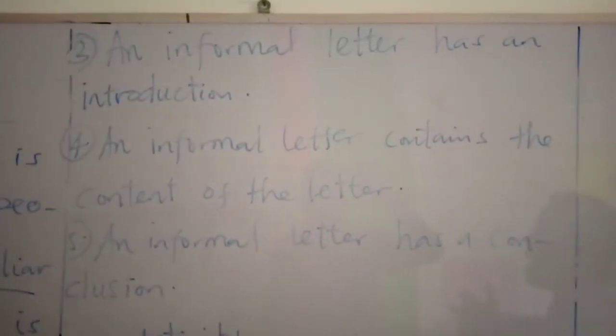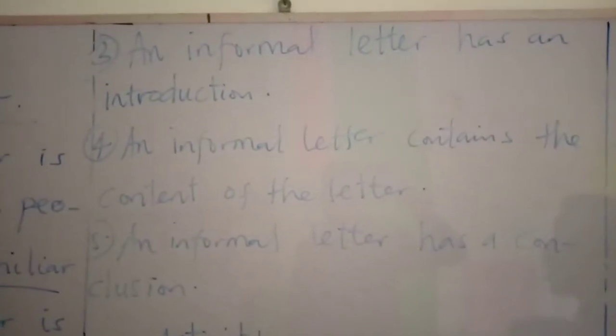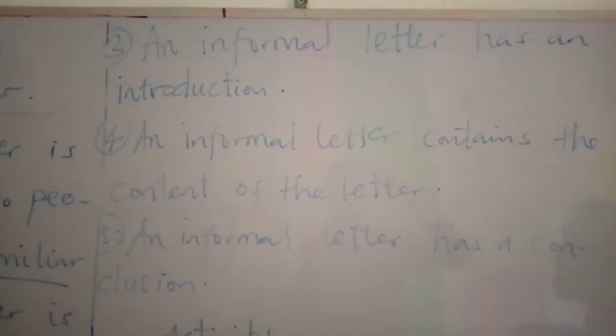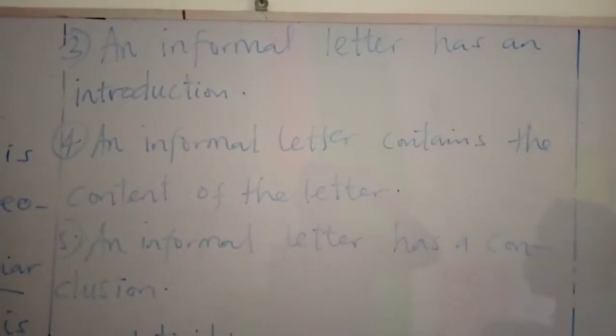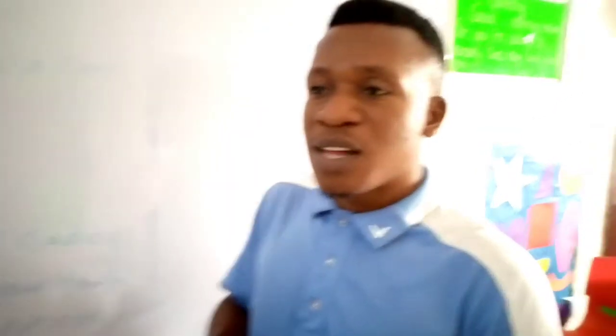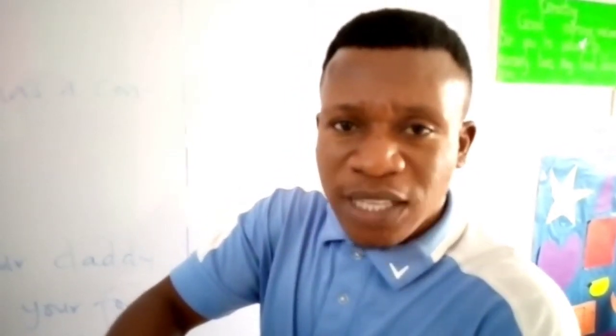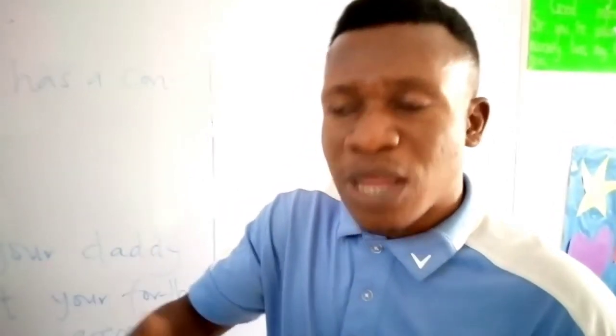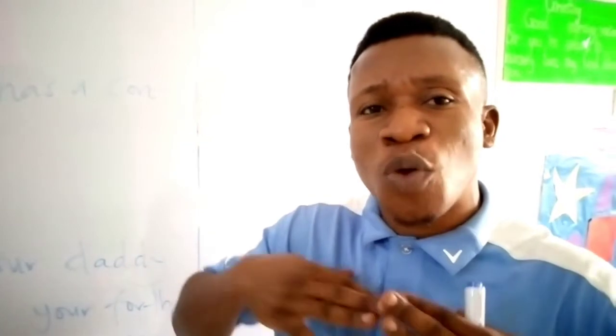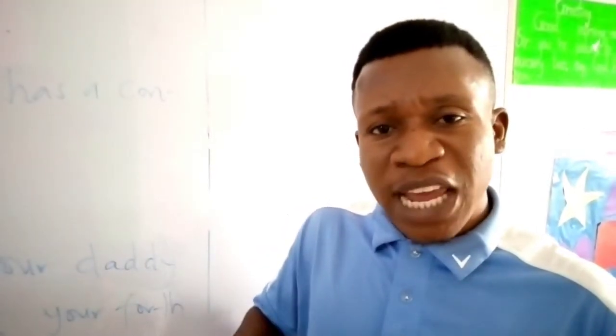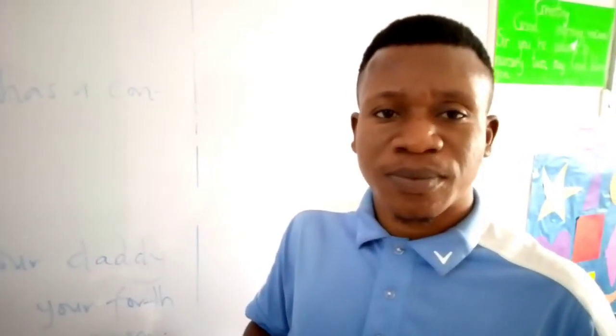When you say, Dear Joy, how are you doing and how is everything with you? Oh, it's really been a long time we chatted. You just have to introduce something. You don't go straight to the point. You must introduce so that the person you're writing to will feel relaxed to read your letter.